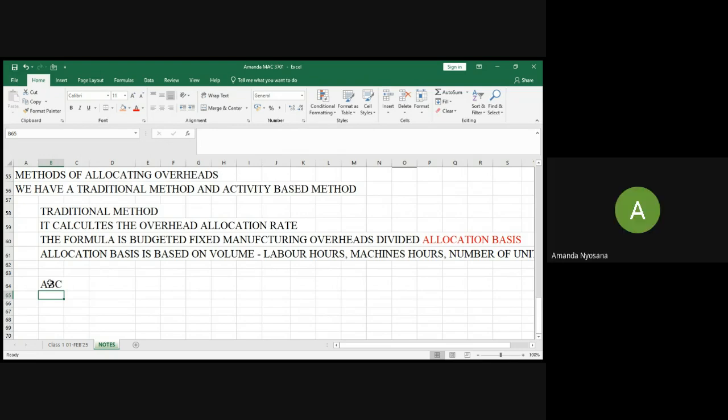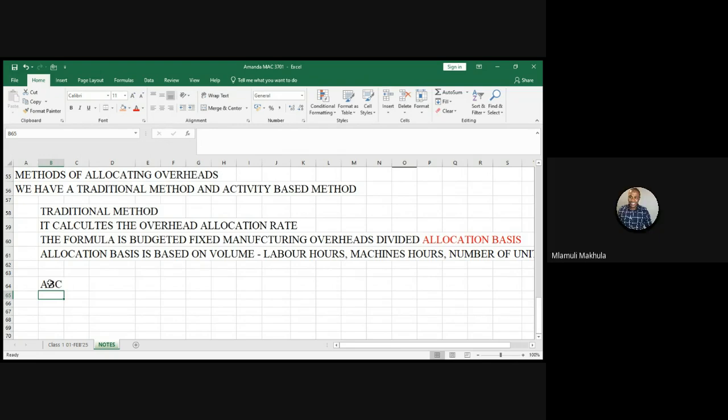But now the way these products are consuming the overheads is different. So ABC comes and says, do not allocate based on volume because some of the products do not consume based on volume, my friend.